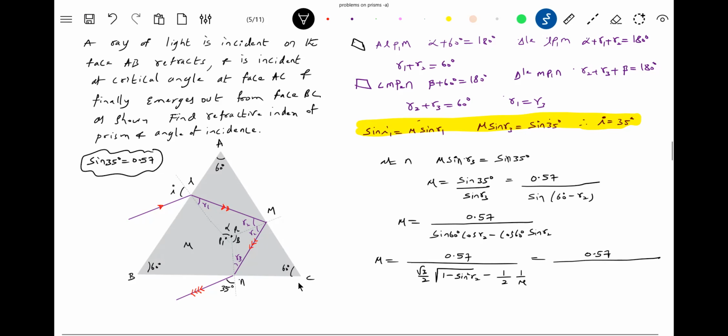So it undergoes TIR, no? If it undergoes TIR, sine R2 I can write as 1 by mu.